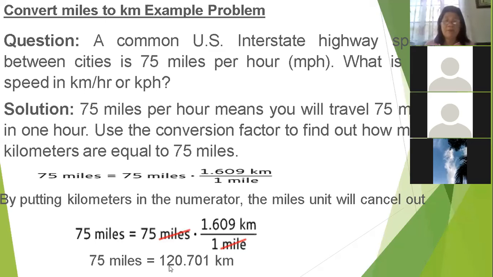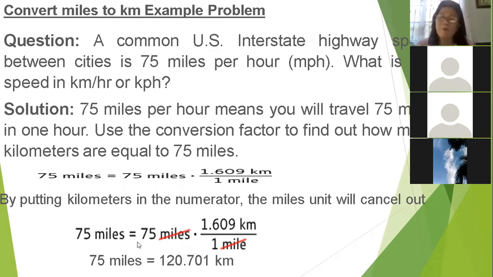It is per hour, so put it over hour here. Then convert using our conversion factor: 1 mile is equivalent to 1.609 kilometers. So what unit can we cancel? It's the mile. The unit that we have now is kilometers per hour.